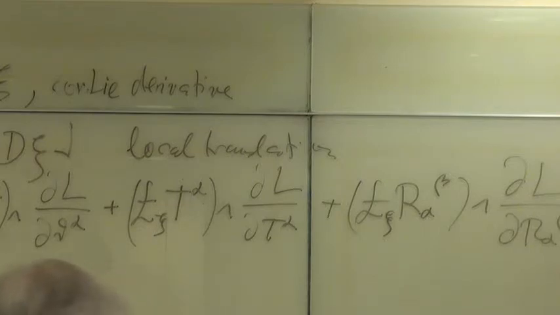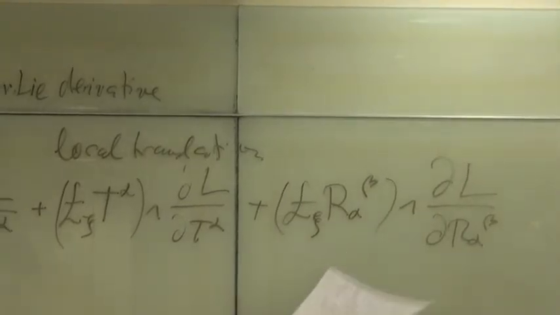Okay, and now you get the pieces with respect to psi. So we have three pieces: the theta, the torsion, and the curvature.